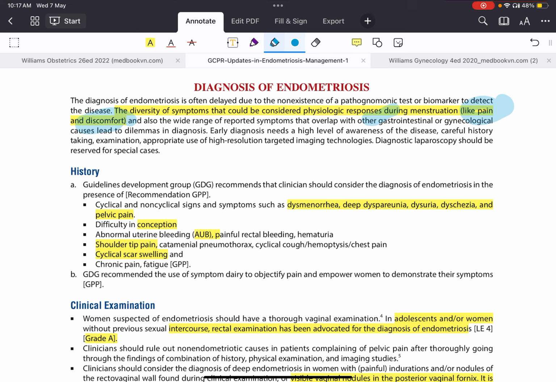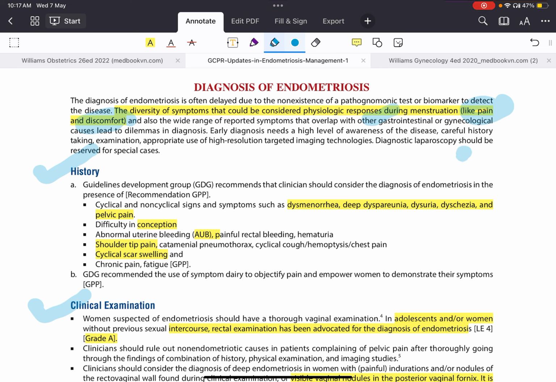So, first thing for diagnosing endometriosis, we need to ask the history, then we need to do the clinical examination. So in history, we'll ask what kind of pain she's getting, whether it is cyclical or non-cyclical signs and symptoms. Not only pain, there is deep dyspareunia, dysuria, dyschezia, and pelvic pain.